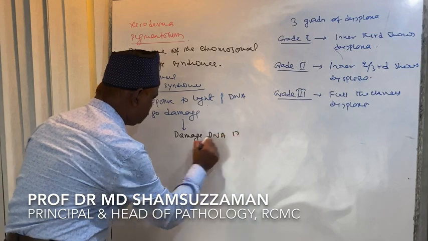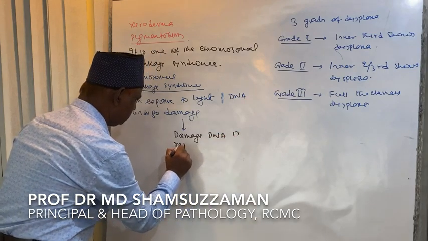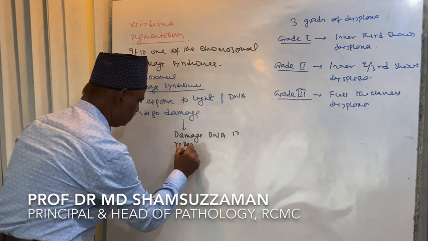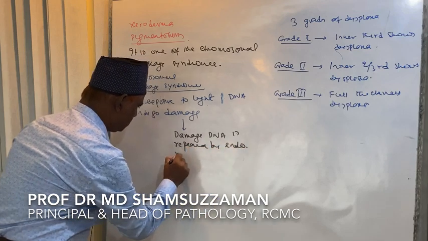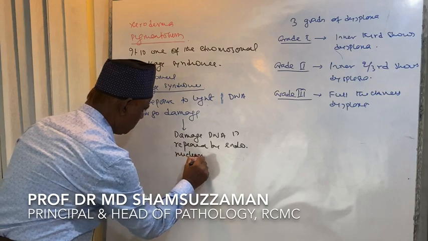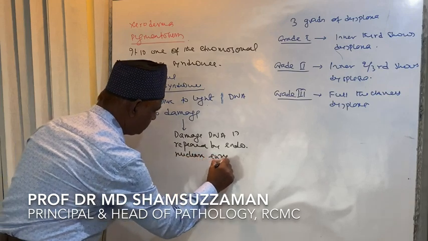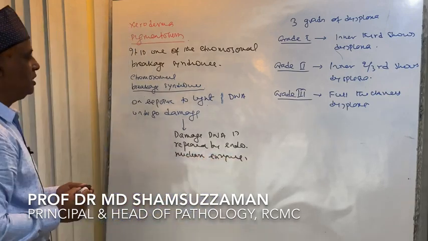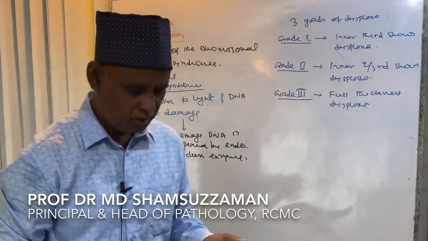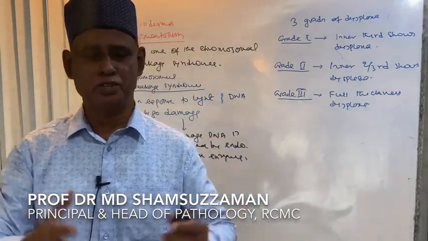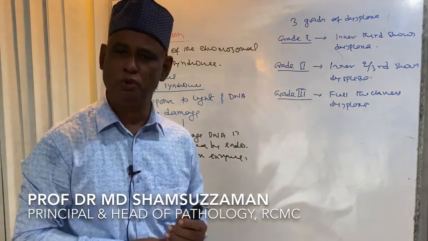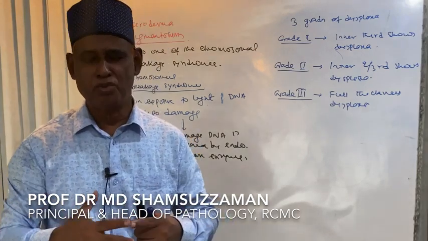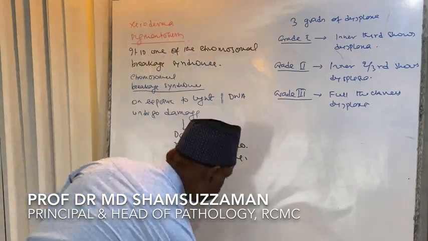Damaged DNA is repaired by endonuclease enzyme. If there is deficiency of such type of enzyme, if there is deficiency of this enzyme, what will happen? The damaged DNA will not be repaired.